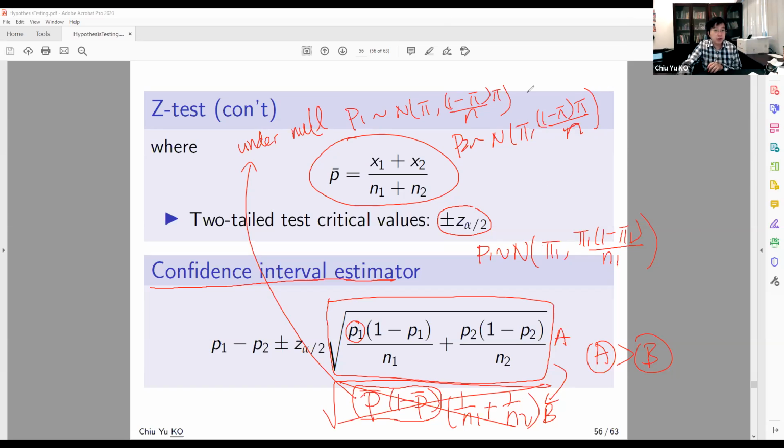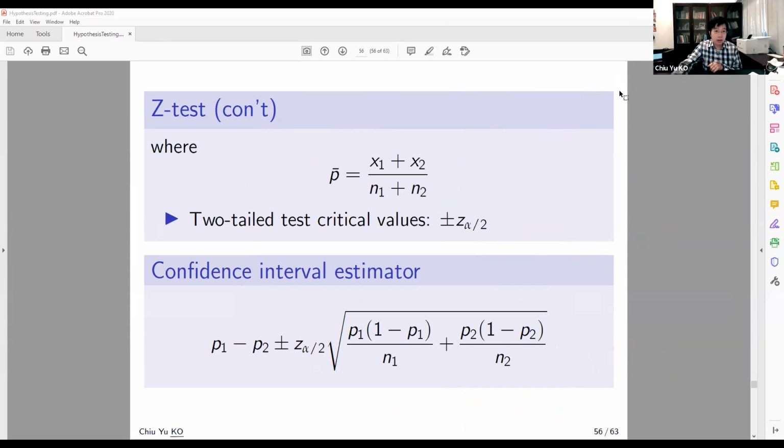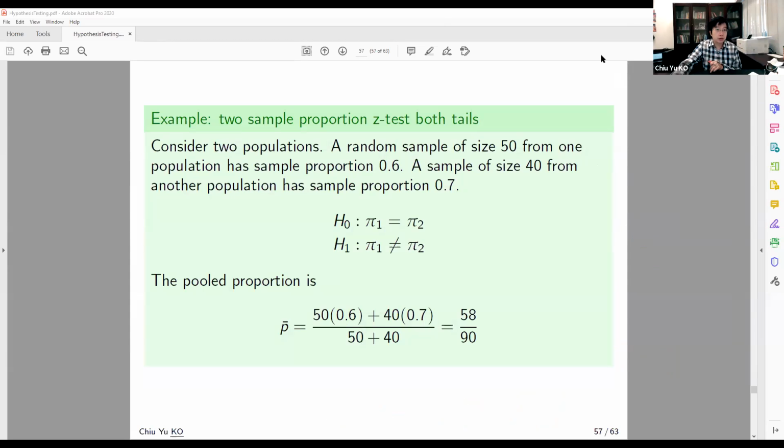If no further question, then let me continue to the example, then a break. So there are two populations with random samples.